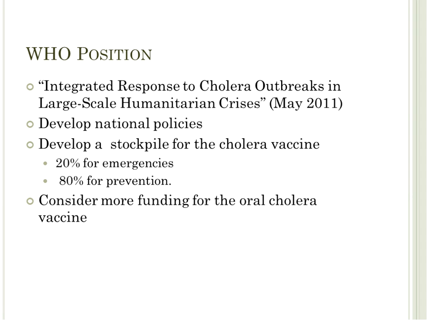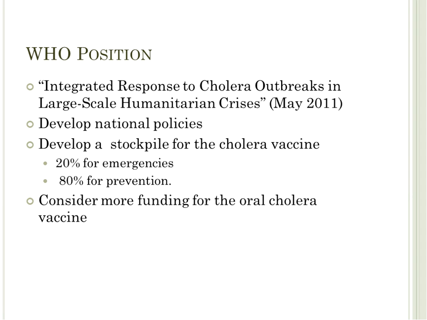So what is WHO's position on the cholera vaccine? And this again, as I mentioned, has changed in the past couple of years. They recently released a report titled Integrated Response to Cholera Outbreaks and Large-Scale Humanitarian Crises.